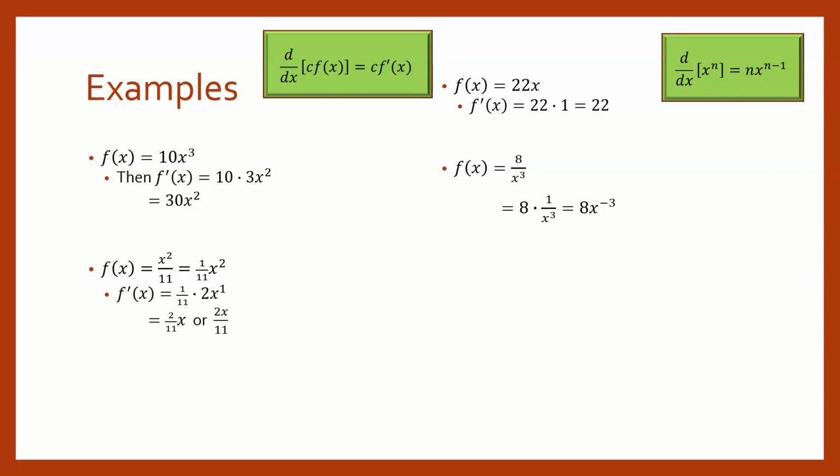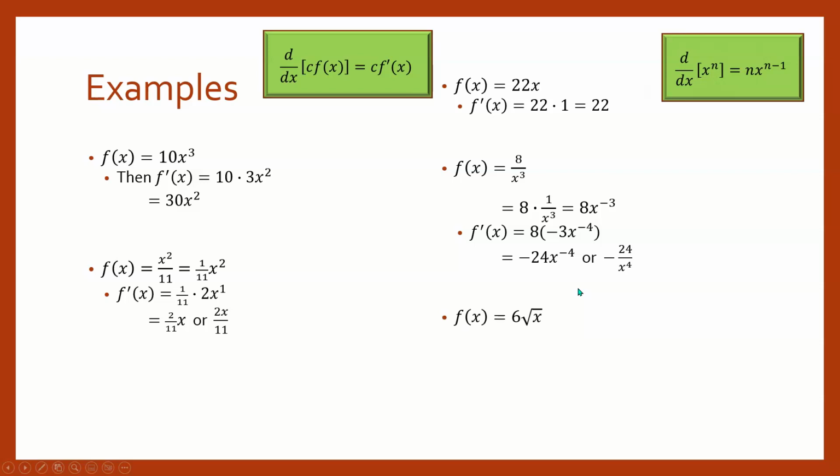And now we do know how to find the derivative of that based on the rules that we've seen. The derivative would be the constant 8 times the derivative of x to the negative 3, which would be negative 3 times x to the negative 4. And so that would simplify to negative 24 x to the negative 4, or negative 24 over x to the 4th power.